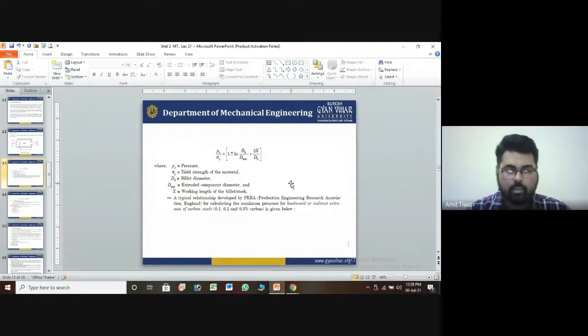In the nomenclature, P is equal to pressure, sigma y is equal to the yield strength of the material, dB is equal to the billet diameter, D is the extrusion component diameter, and X is equal to the working length of the billet.